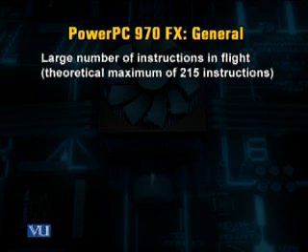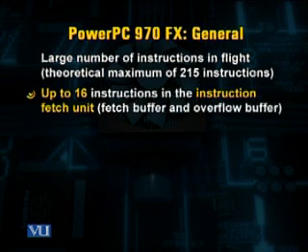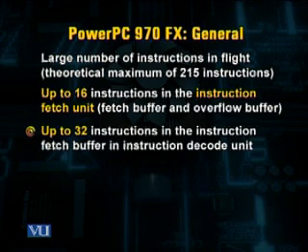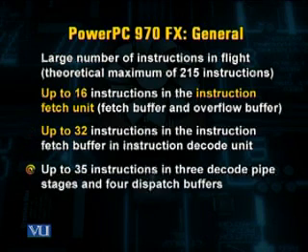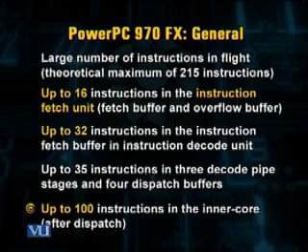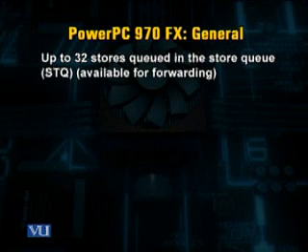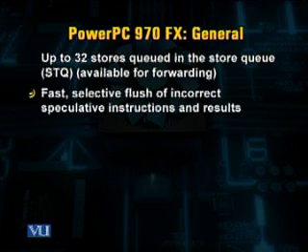Theoretically, it can have in flight up to 215 instructions, which is a very large number, and it allows up to 16 instructions in the instruction fetch unit and up to 32 instructions in the instruction fetch buffer in the instruction decode unit, and up to 35 instructions in the 3 decode pipe stages and 4 dispatch buffers, and moreover it allows up to 100 instructions in the inner core, that is after the dispatch, and up to 32 stores queued in the store queue, that is the ST queue, and it has got fast selective flush for incorrect speculative instructions and results.